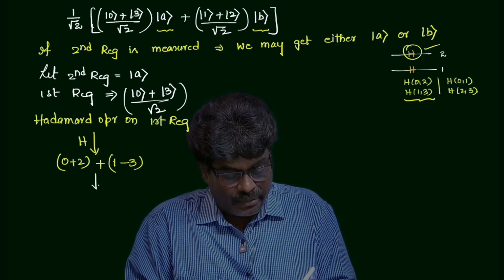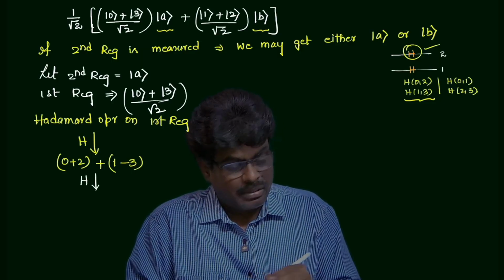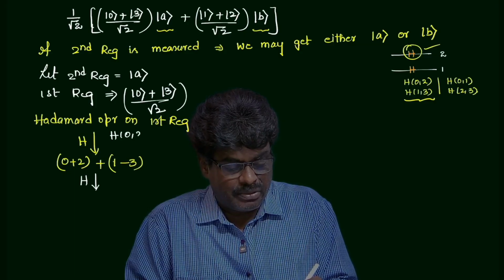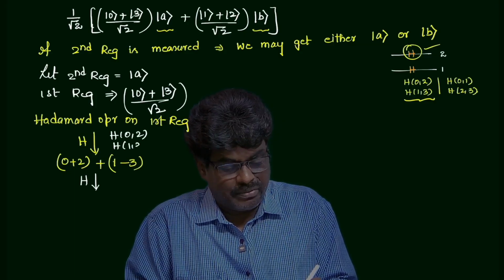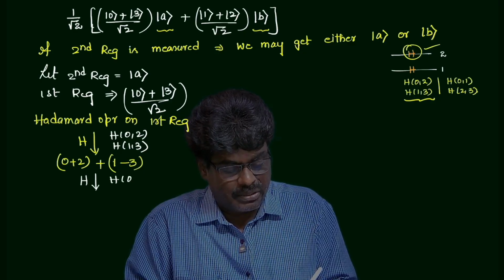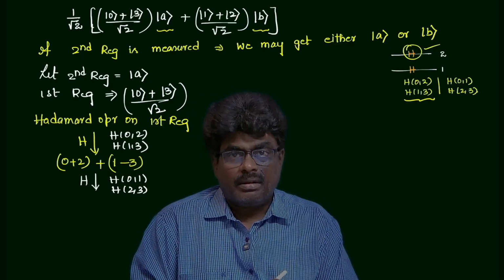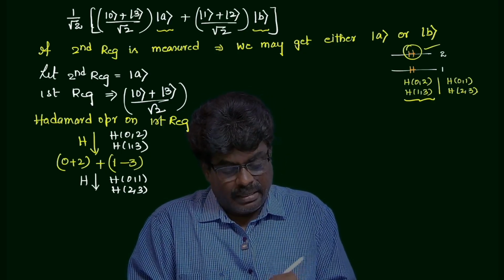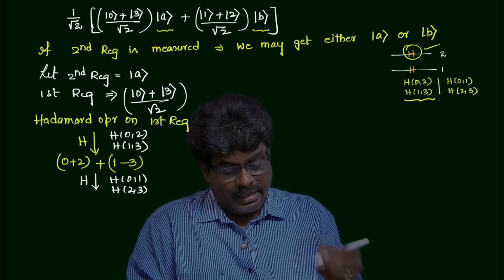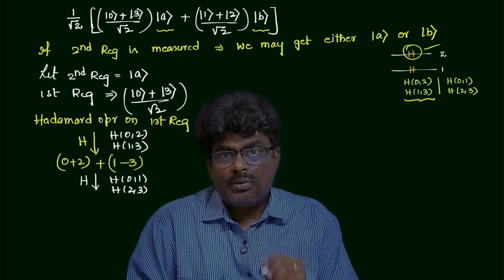And again we have one more Hadamard operation. The first is H of 0 2, and after that H of 1 comma 3, and the next one is H of 0 1, and this is H of 2 comma 3. So now we have another Hadamard operation. No need to get tense.